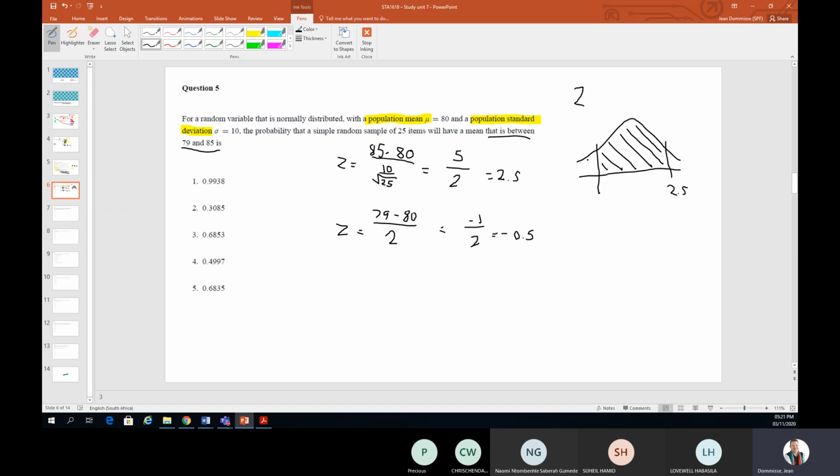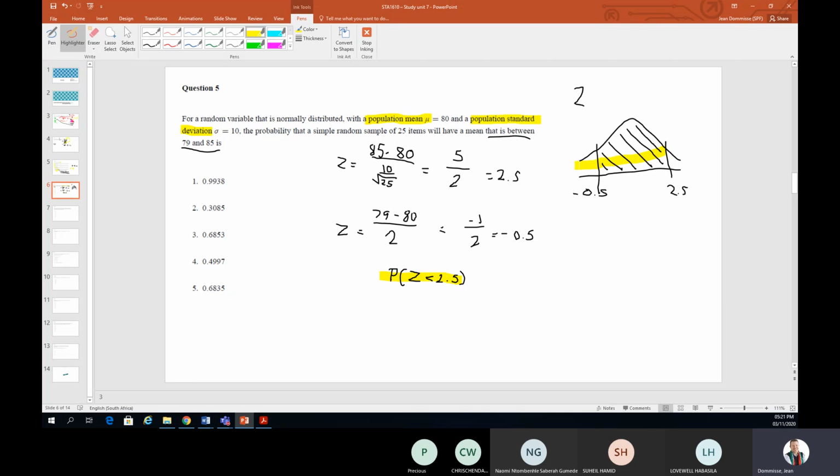Okay, so basically we need to get the probability of that part. What I would do is get the probability of Z smaller than 2.5, and let me color that in with yellow.